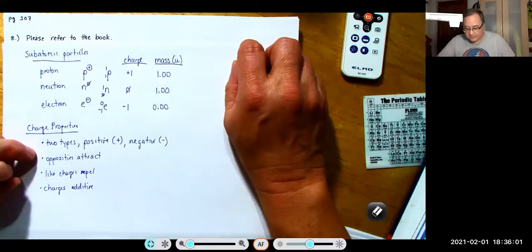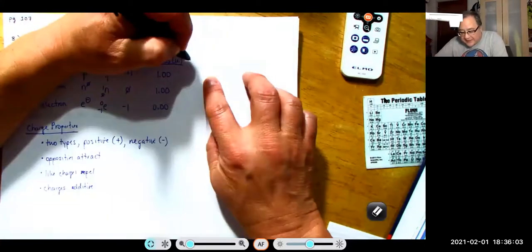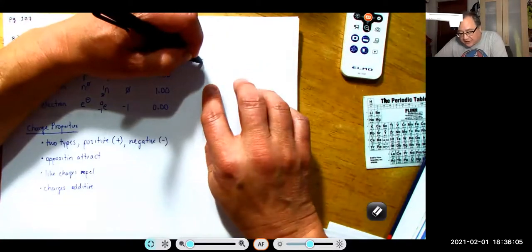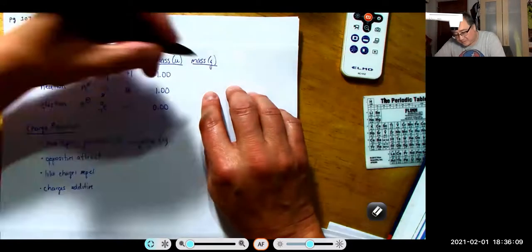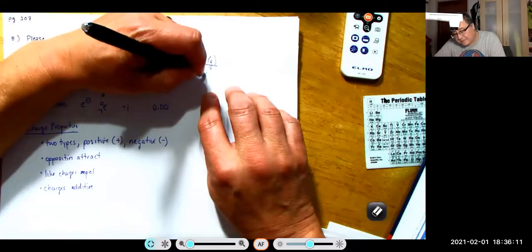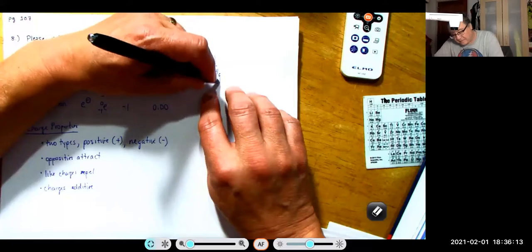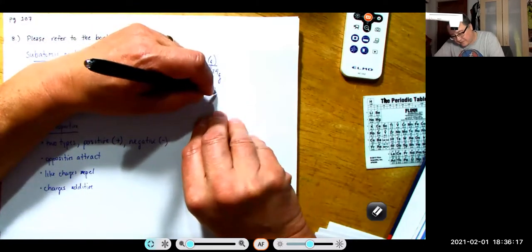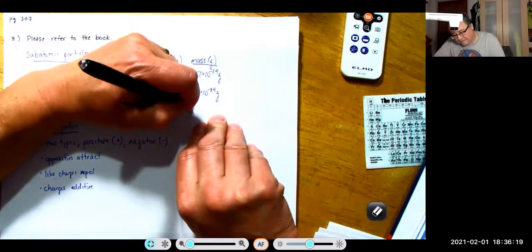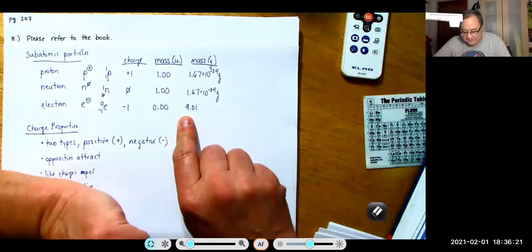Okay. Now the mass in grams, and these are not numbers that you want to memorize. I think it's 9.01, maybe a little different.